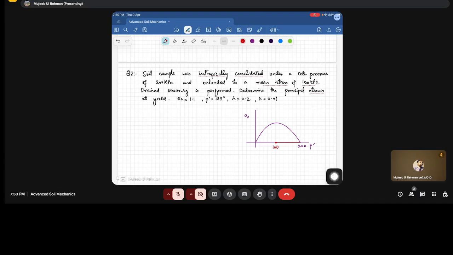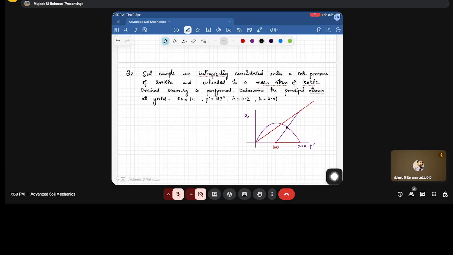Fine. If this is the critical state line, drained shear is performed through this, and we have the drained shearing. So we need to find the principal stress at yield. So the principal stress points correspond to this.